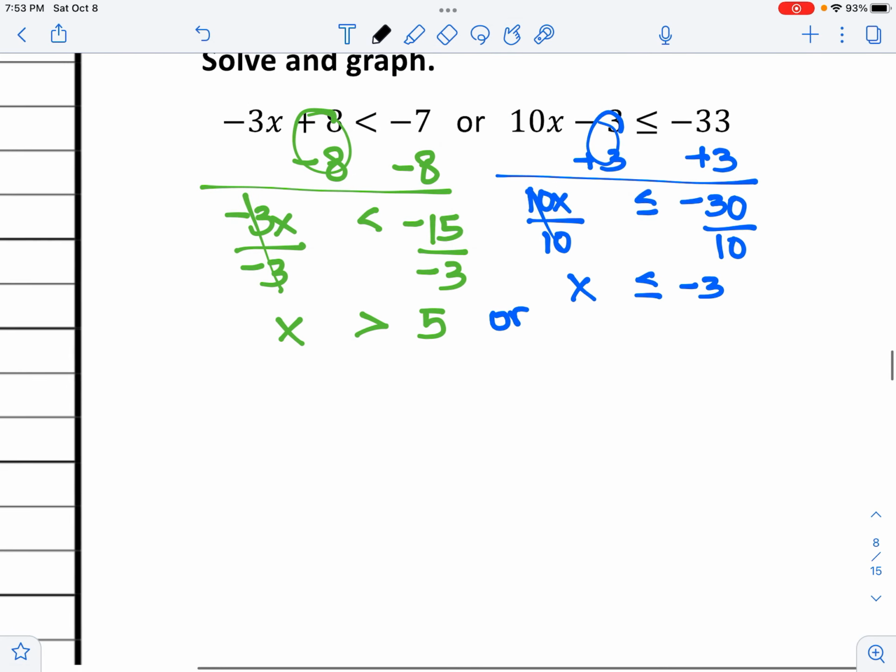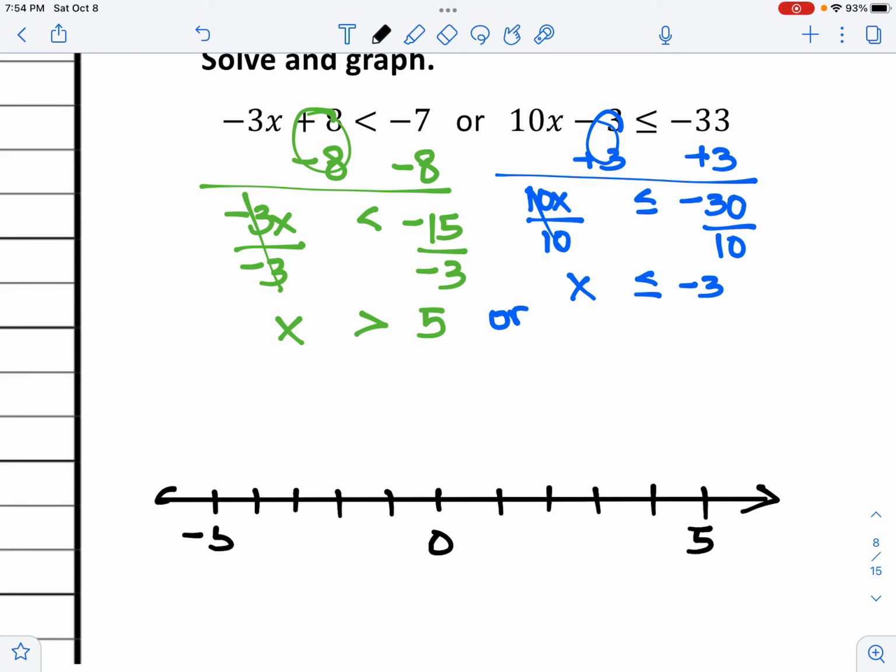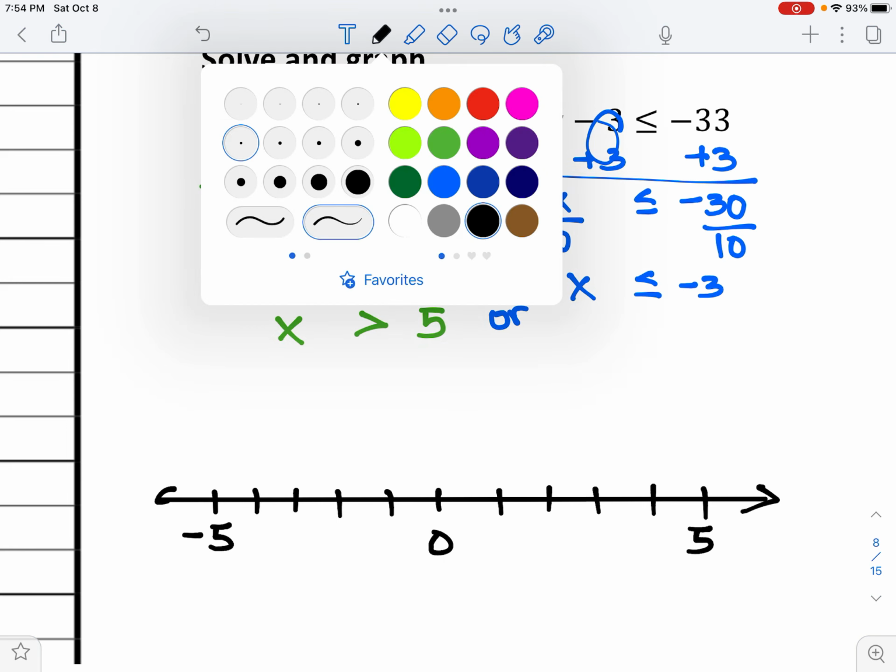So this is an or situation, and I'm just going to draw my number line here. Okay, we'll just put 0 here. 1, 2, 3, 4, 5. 1, 2, 3, 4, 5. Okay. So now I'll just graph what we have.